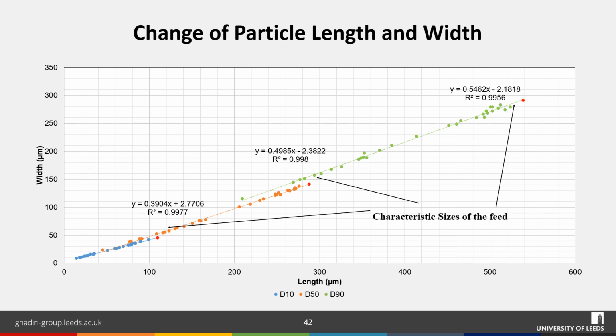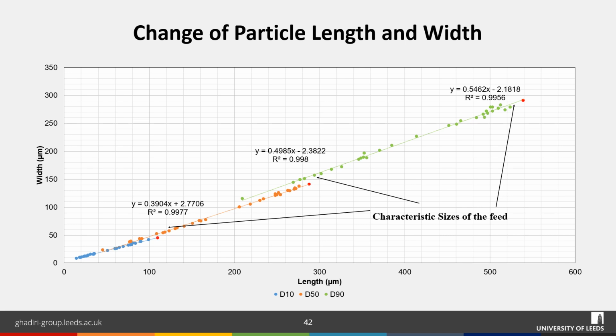So there's a trend of reducing aspect ratio with the particle size, as we can see here, but it is not much, even though the crystals have been subjected to substantial breakage. So what this is telling us is that there are two breakage mechanisms at play here. First of all, fragmentation could happen during this process, in which the crystals break perpendicular to their largest dimension, snapping them into smaller pieces.